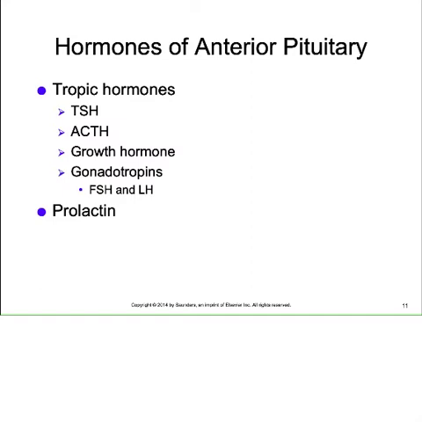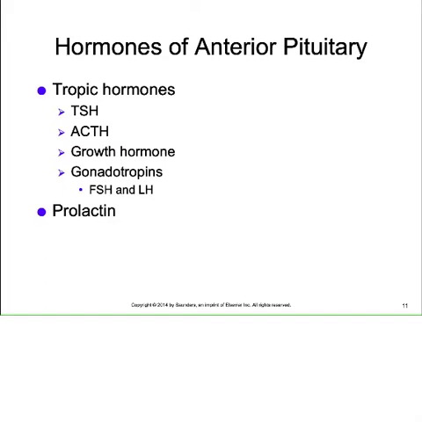The hormones of the anterior pituitary: thyroid-stimulating hormone causes the thyroid gland to produce T3 and T4. Adrenocorticotropic hormone causes the adrenal cortex to release cortisone, cortisol, and to a lesser extent aldosterone. Growth hormone promotes the growth of epithelial and connective tissue throughout the body.